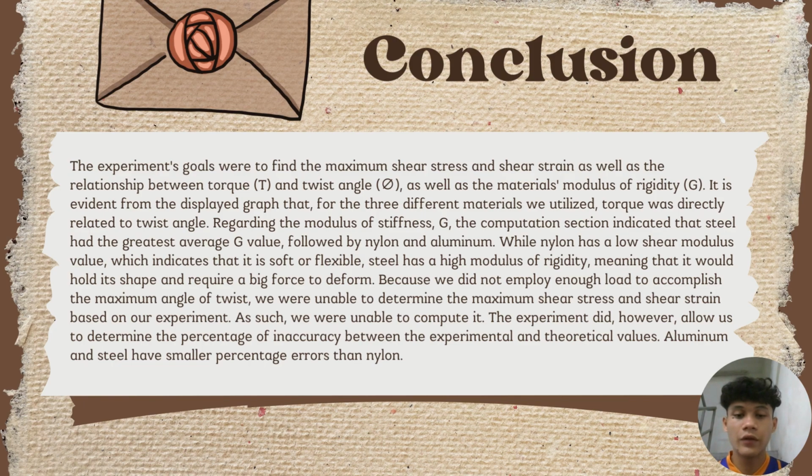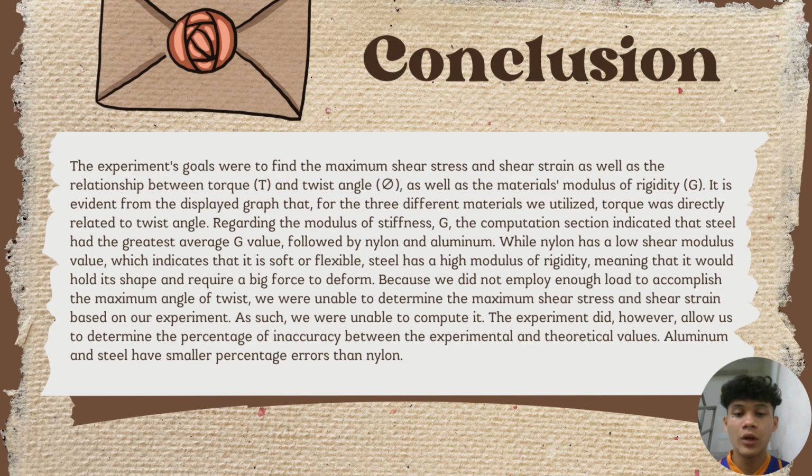Regarding the modulus of rigidity, G, the computation section indicated that steel had the greatest average G value, followed by nylon and aluminum, while nylon has the low shear modulus value, which indicates that it is soft or flexible. Steel has a high modulus of rigidity, meaning that it will hold its shape and require a big force to deform.